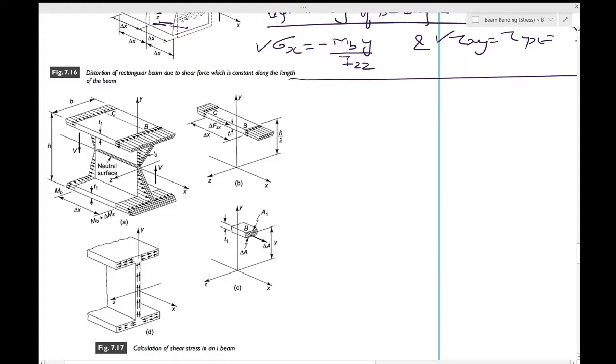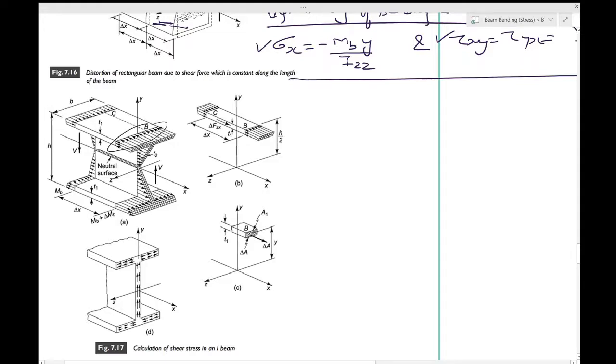So if we examine the I-beam in figure 7.17, we gain further insight into the shear stress distribution in beams. In figure 7.17b, we show a small segment which has been cut from the top flange of a vertical section. So this is the top flange.